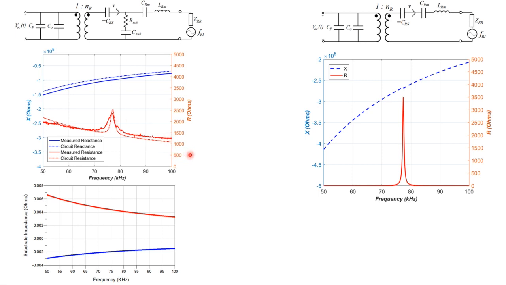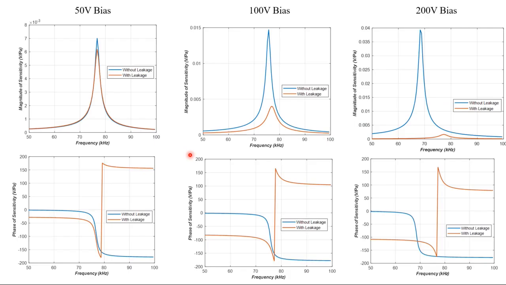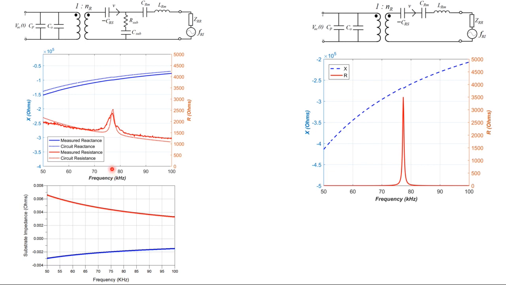Right. But what I wanted to comment on is what kind of effect the substrate loss has on CMUTs. Let's say you have a certain bias applied between the electrodes, and for the same geometrical parameters, the measurement was such that the measured resonance is at about 77 kilohertz.